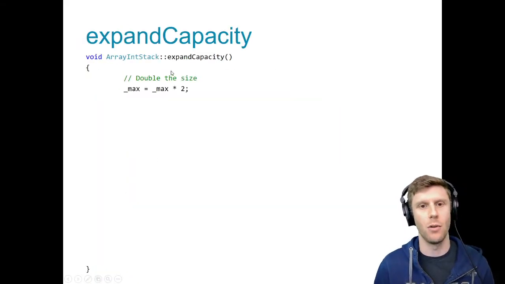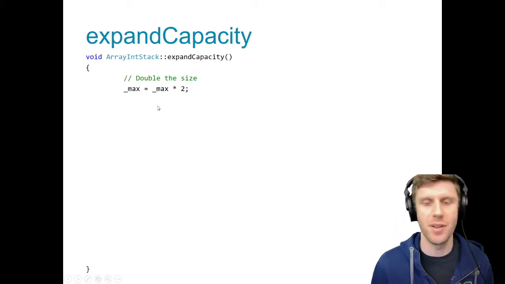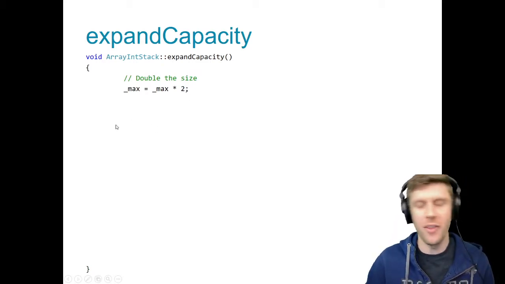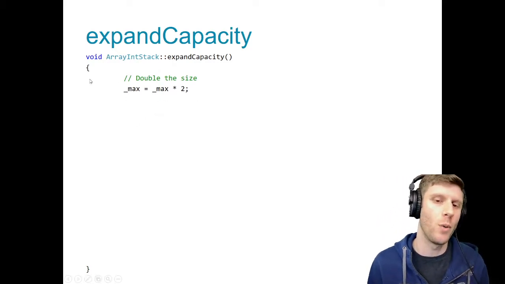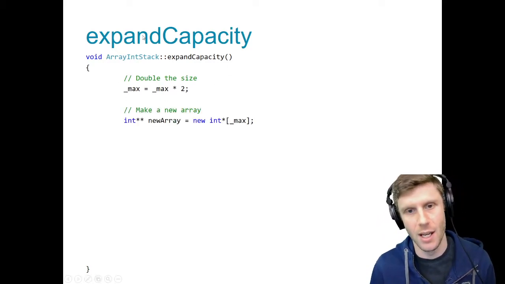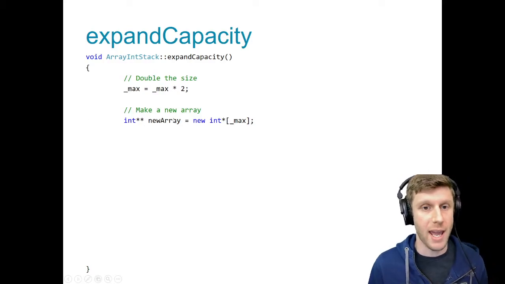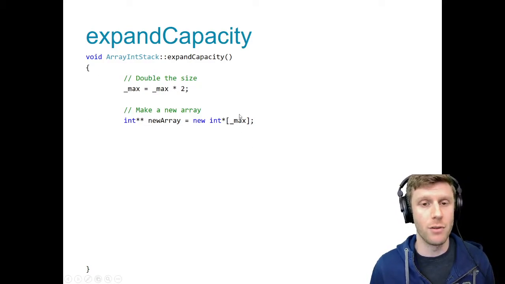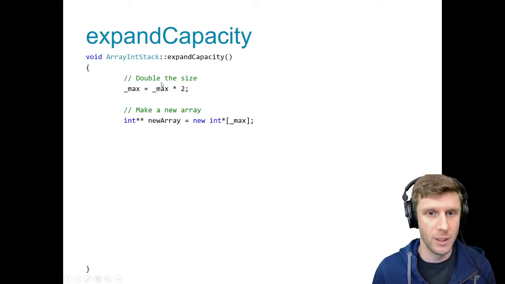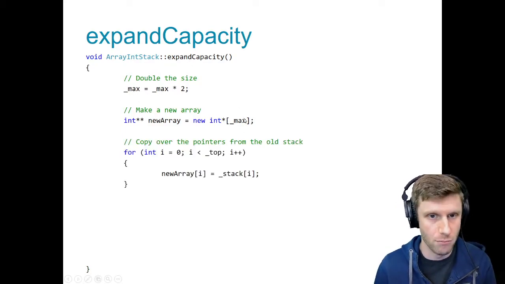Expand capacity. It's always good practice to double the size. If our size was 10, well, the new one, make it size 20. And later on in the course, we'll talk a little bit about why doubling is the right idea. And then what are we going to do? Well, we'll make a brand new array of integer pointers of the size of whatever the new max is. So if it was 10, now it's 20, and then create size 20.